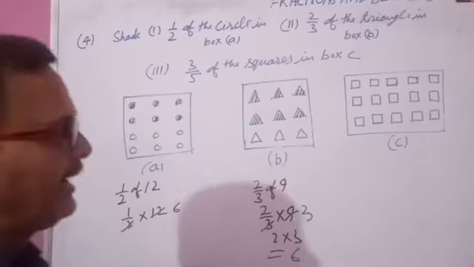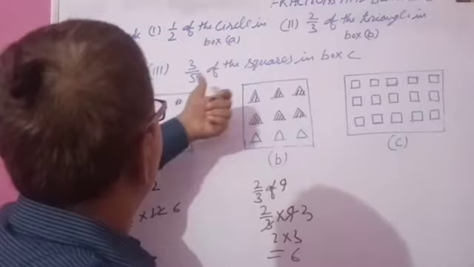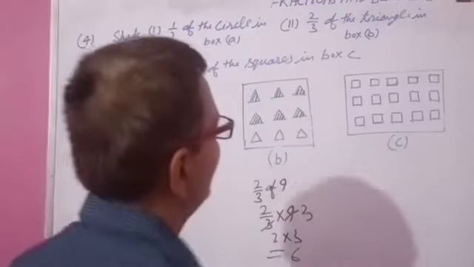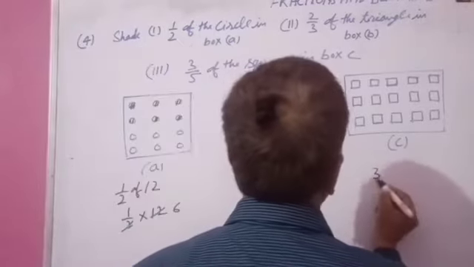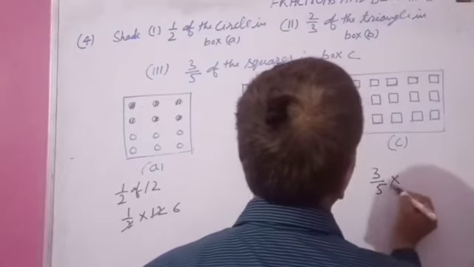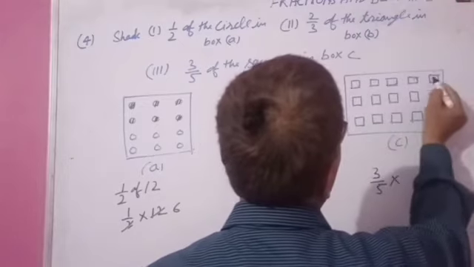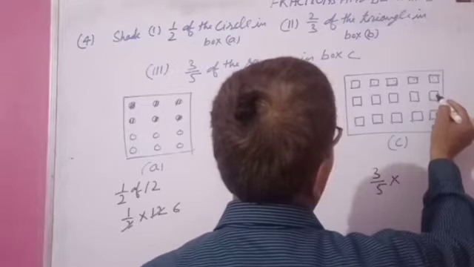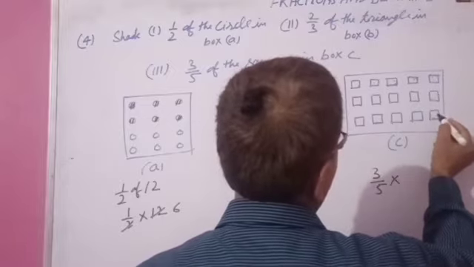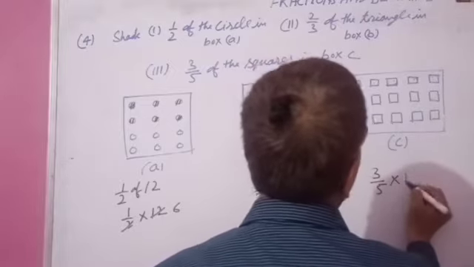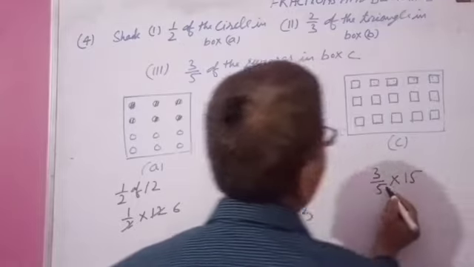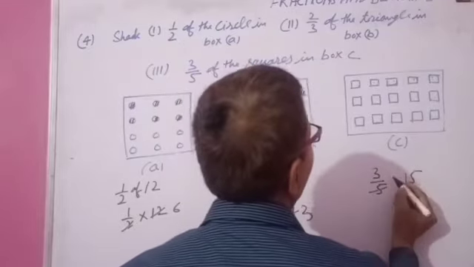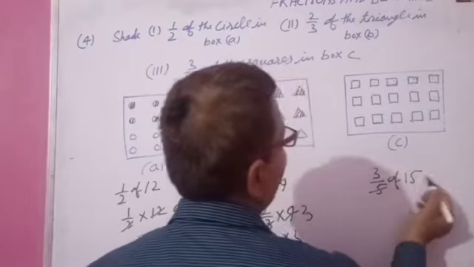And now 3 upon 5 of the squares in box C. How many squares are there? 1, 2, 3, 4, 5. 5 2s are 10, 5 3s are 15. 15 squares हैं. So 3 upon 5 of 15 squares.